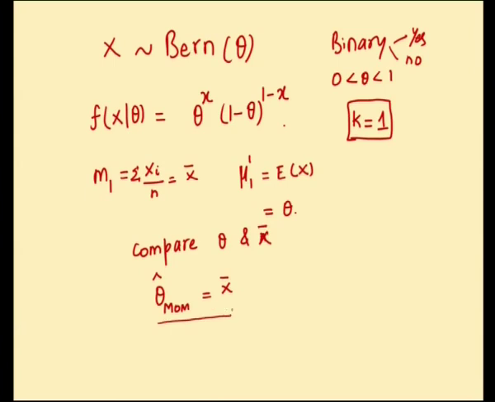So what we need to know in each case, from this example we could find out, is first the form of f of x given theta, which is essential. Then how many parameters it has, and that many times we calculate the moments of our sample, and here it is for the population.